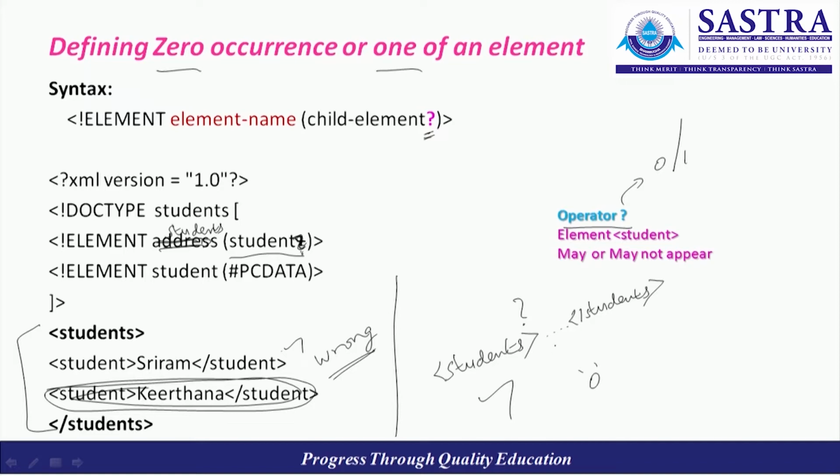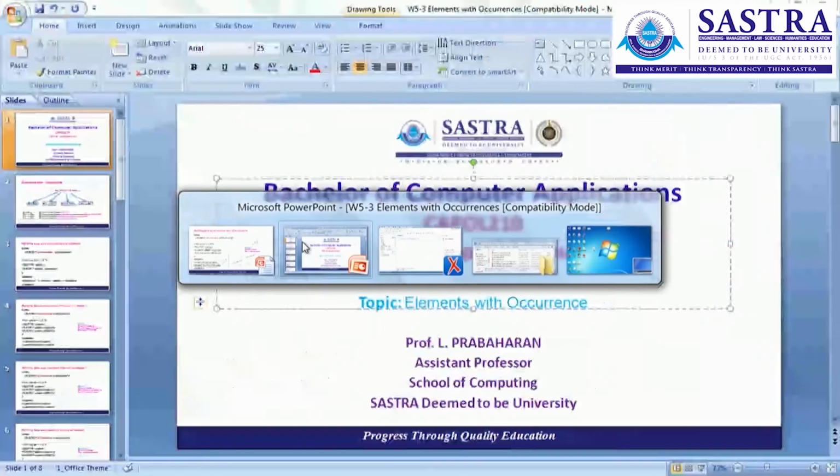This document follows 1, because it is binary, 0 or 1, but I have not specified whether it is 0 or 1. Instead, I have given only student question mark. This is the way we can include the occurrences for an element.